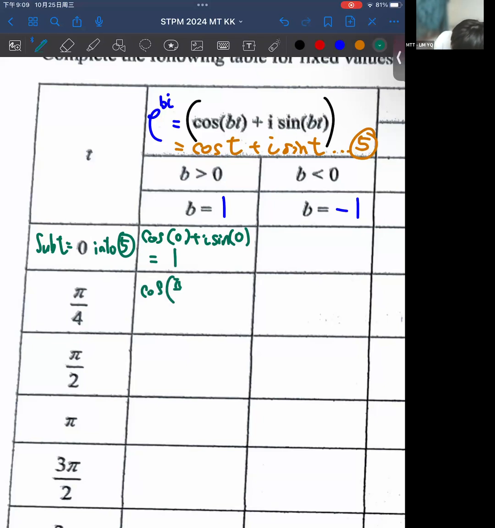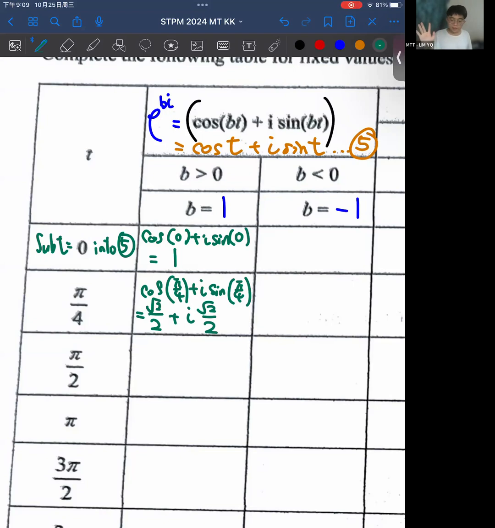Cos pi over 4 plus i sin pi over 4. What is the value? Square root 2 over 2. Both are square root 2 over 2, positive. Correct?